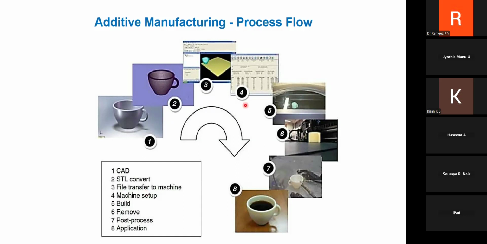Initially, for the first 2-3 layers, some supervision is required. Once the first 2-3 layers are properly laid on the build platform, you don't need any supervision. The rest will be taken care of by the machine itself. It will print, and finally the final product will come out of the machine.